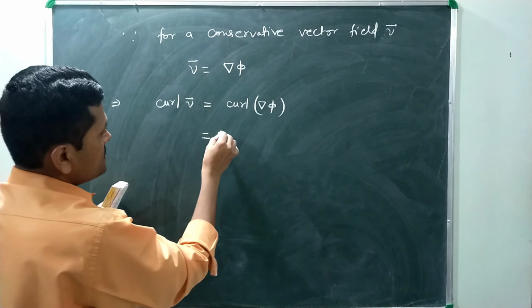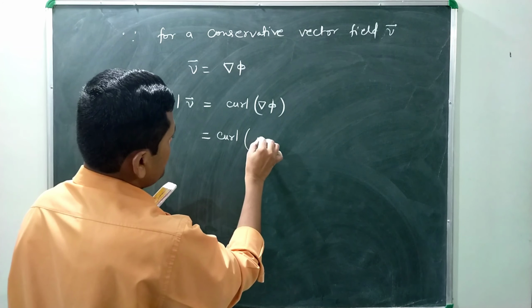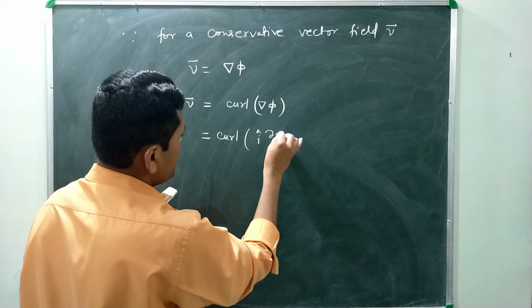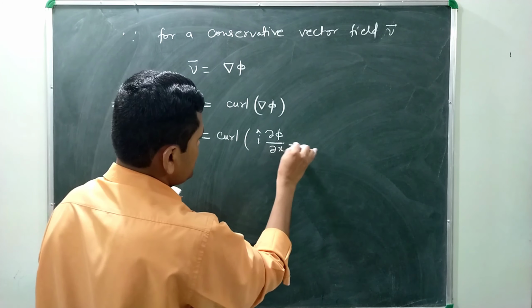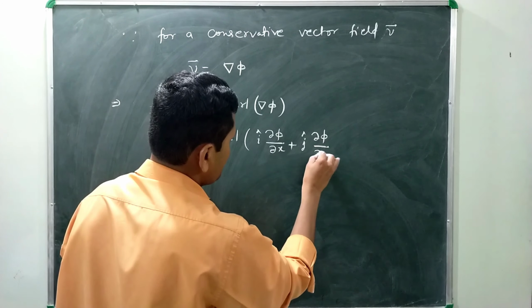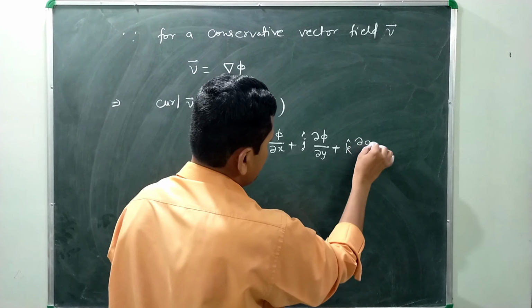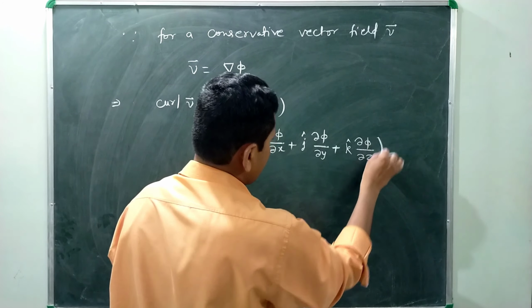So this may be written as curl of i cap dou phi by dou x plus j cap dou phi by dou y plus k cap dou phi by dou z.